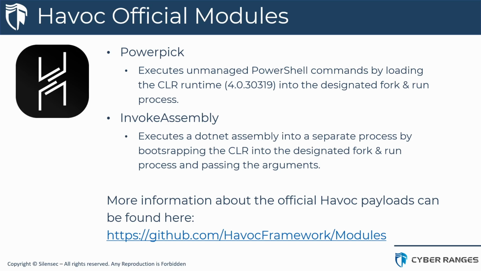This will execute a .NET assembly in a separate process by bootstrapping the CLR into the designated fork and run process and passing the arguments. You can learn more about the supported modules on their GitHub repository. In the context of Windows red teaming, you're really going to be working with PowerShell, which Havoc has fantastic support for.